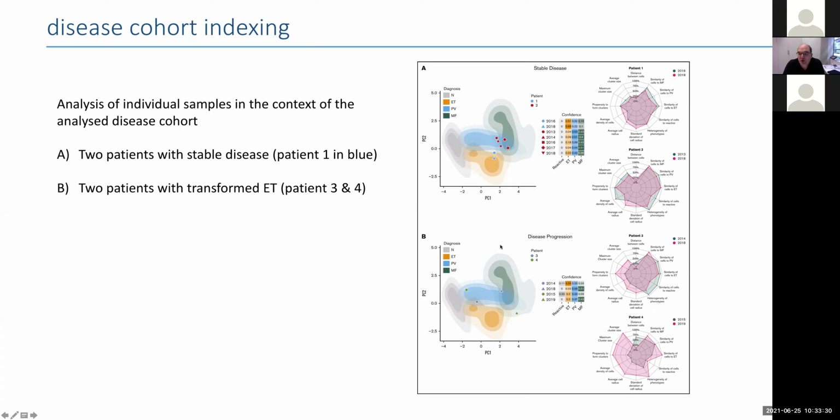These are two patients where disease actually progresses, and you can see clearly a shift in this disease map, where the patients move from the PV state to the green, the MF state, which is more aggressive disease. So this representation is, of course, terribly useful to look at entire clinical trials, or to look at predicted response to therapy.